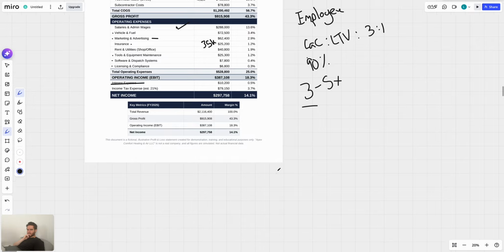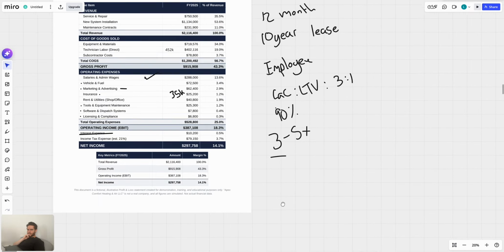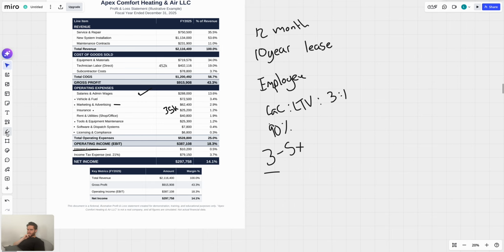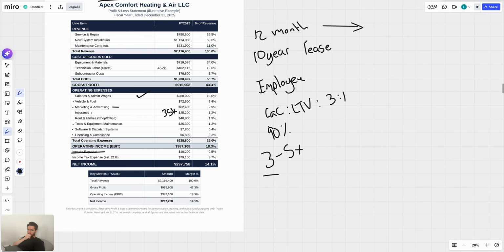And the main reason is just the CAC to LTV is low. The vendor's not staying on. They're getting money up front and they're staying on 12 months, which really is nothing. It's more of just a transfer period. We do have the risk because the vendor's not staying on that long.